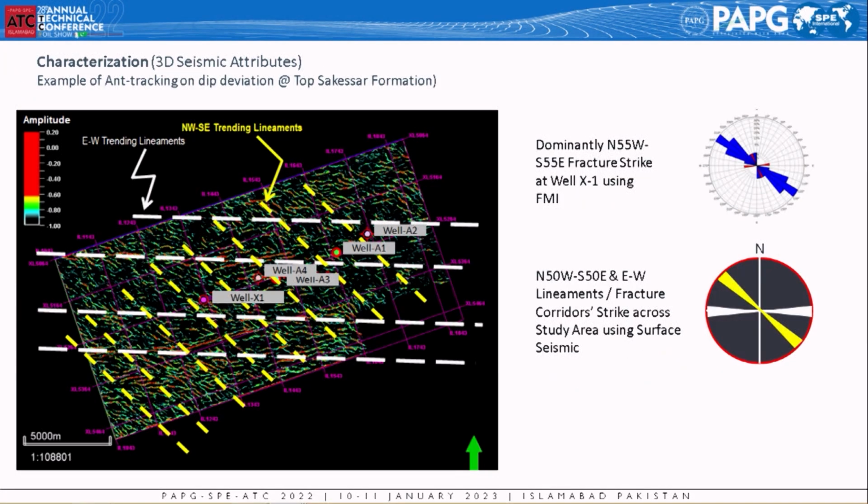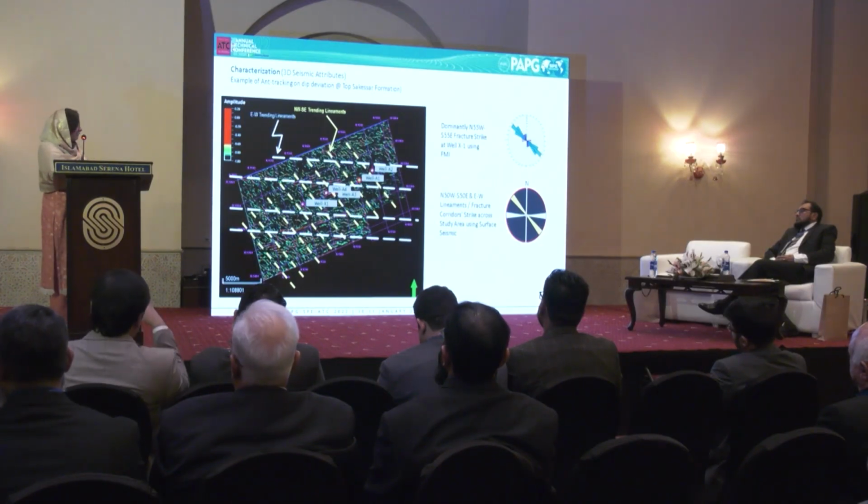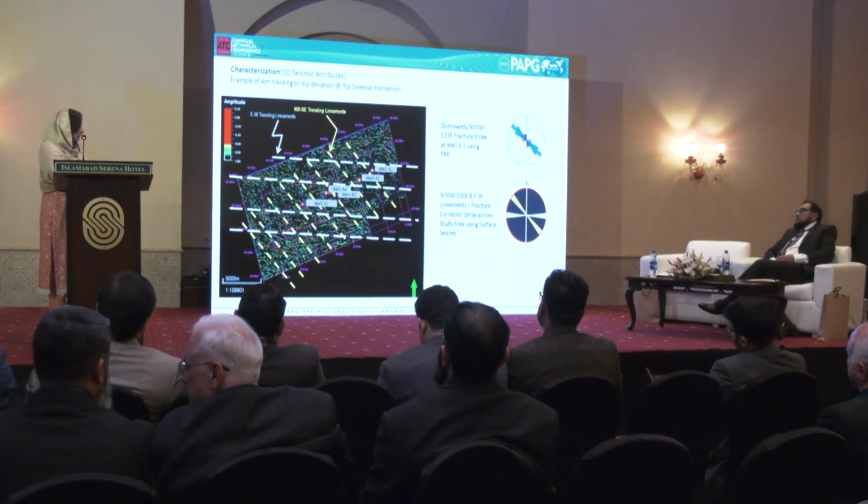Then we know that the image log was only available for one well, so we tried to integrate some of the information from the 3D seismic data. Different types of seismic attributes were run on this seismic to identify or highlight the fracture system in the subsurface. Here is an example where ant tracking has been done on the dip deviation on the top Sakesar.